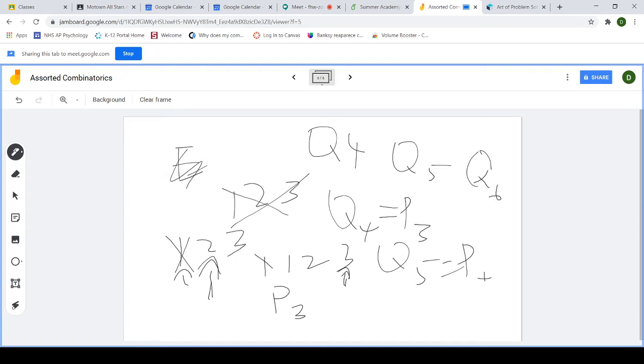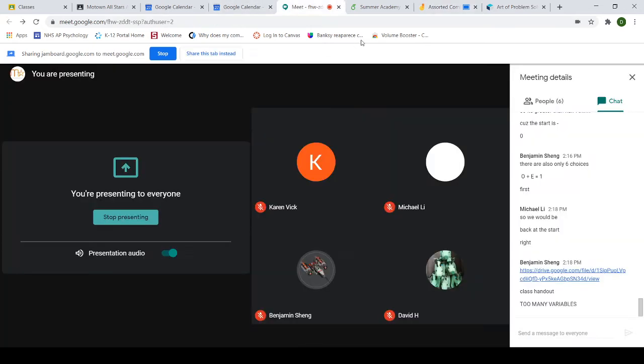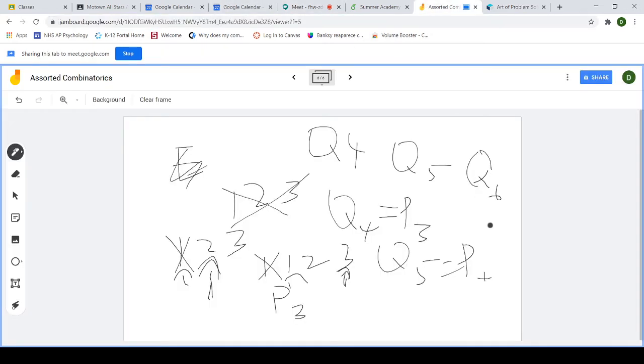Because what we can do is just ignore the first term. We can ignore it because the first 3 rolls are not 1, 2, 3, so it doesn't matter what you get the first term, and we can just start from place 2. So it's really just the same problem, but we ignore the first dice roll. In other words, in this problem, the probability she rolls an even number of times, I'm going to write this QE, is Q4 plus Q6, and so on.